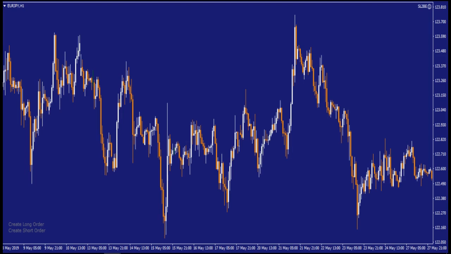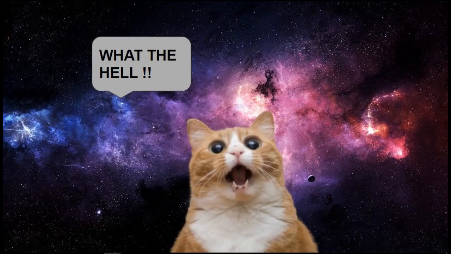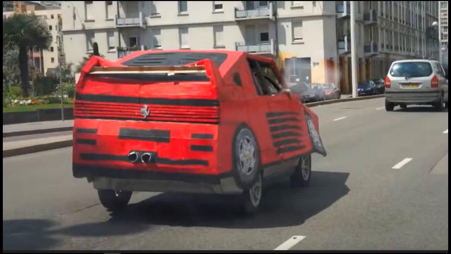What the hell? Where are these lovely higher highs, lower lows, and where is this nice and clean formation? Yeah, I hear you. And the only Lamborghini that you can afford is gonna be this one.